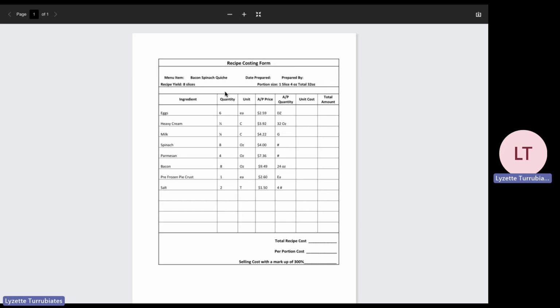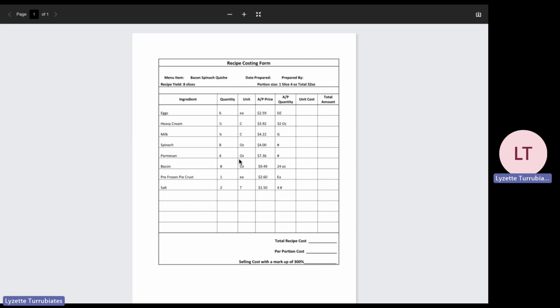Therefore, maybe this recipe isn't updated and we need to know when it was last updated. Or, does the price reflect what current pricing is for these ingredients? If not, we need to update it so that we're getting the most accurate cost of our recipe and cost of our portion, so that we can sell it appropriately.